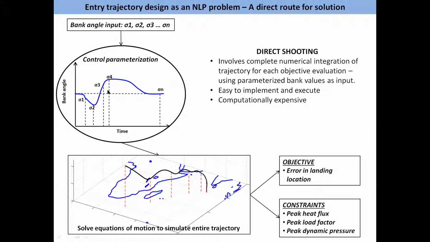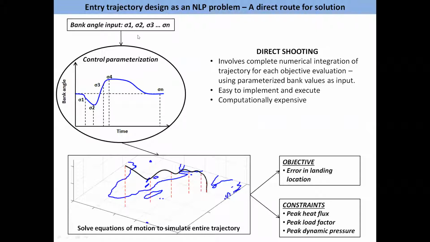Our objective is to find the bank profile which satisfies the trajectory constraints as well as maximizes or minimizes some objective function. Suppose we parameterize our control history in a particular fashion, say with n number of parameters, say sigma 1, sigma 2, up to sigma n. So that is, if you have these n numbers, you can construct the bank profile in some manner.